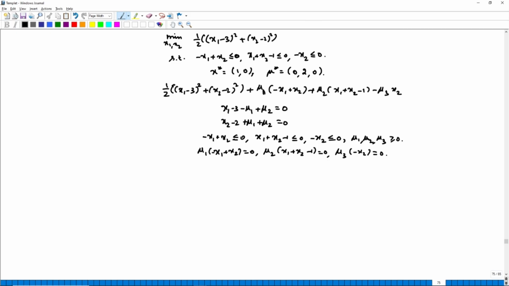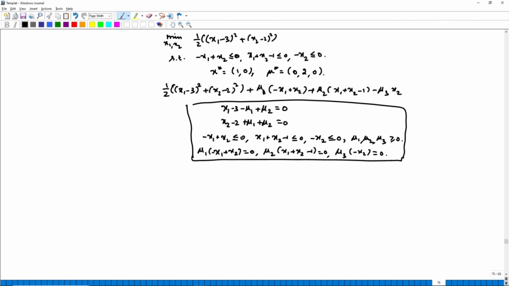These conditions form the KKT conditions. You can solve this and check that this is the solution, but the other way is you can substitute this to check if it works or not, right.